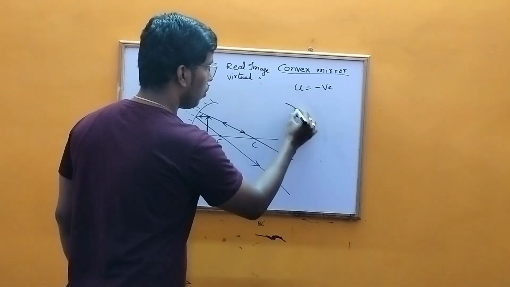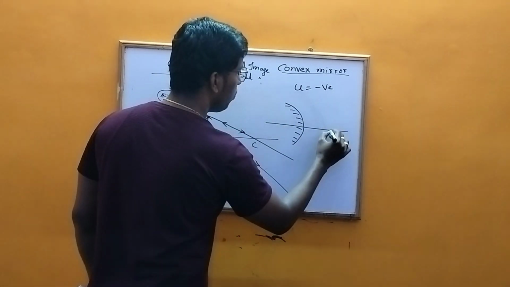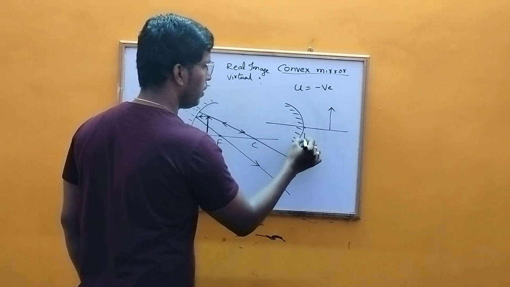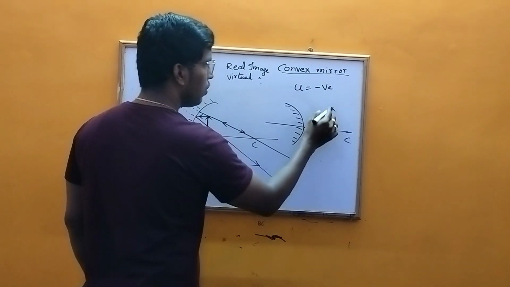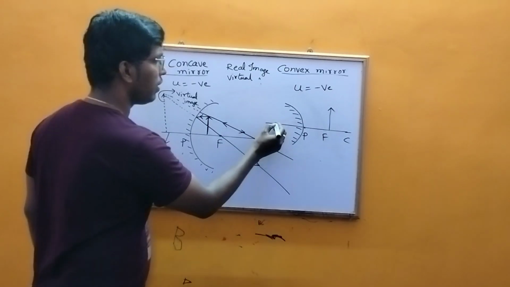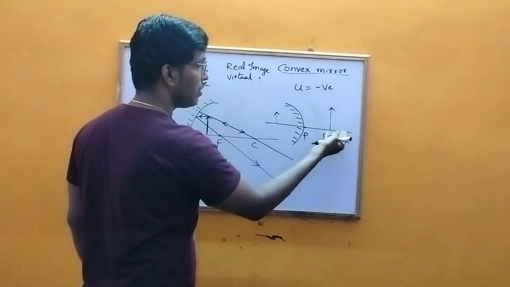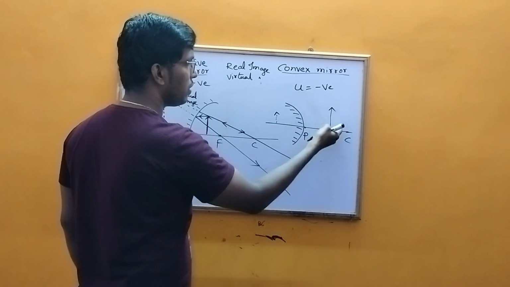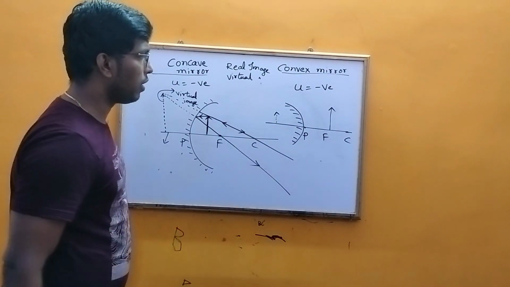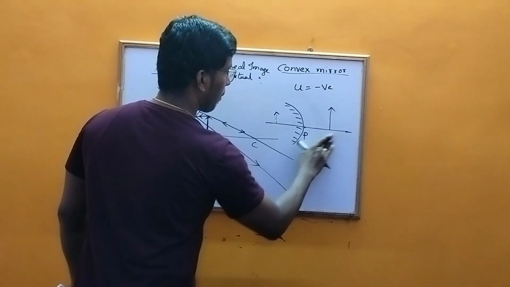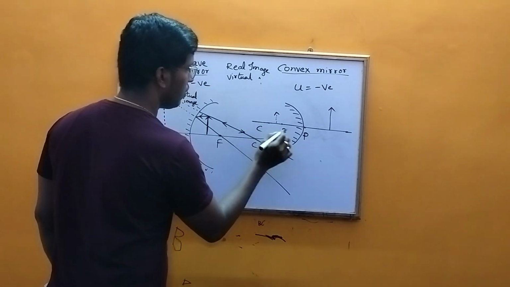Coming to the convex mirror, wherever you place an object, at any point, you will get the image always behind the mirror only. Even if the object distance or the position of the object changes, we need to locate pole, focus point and center of curvature.